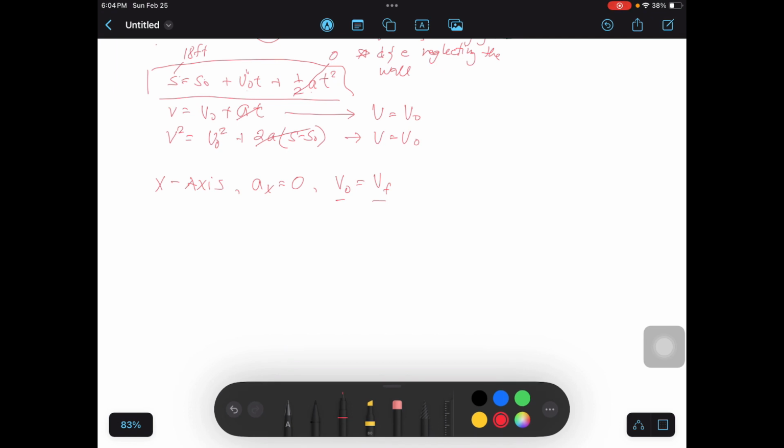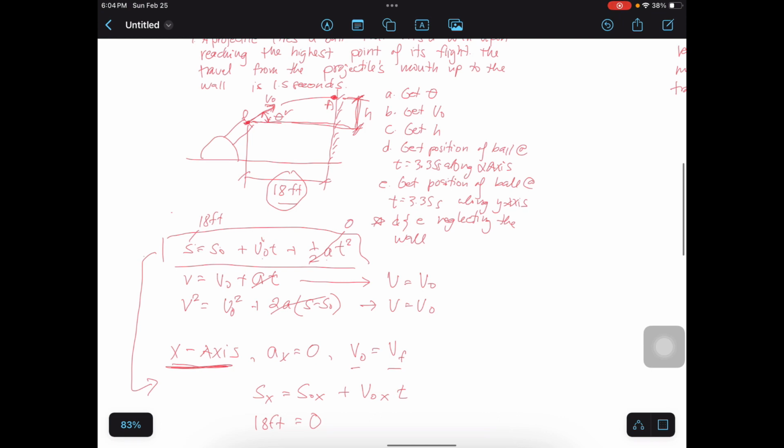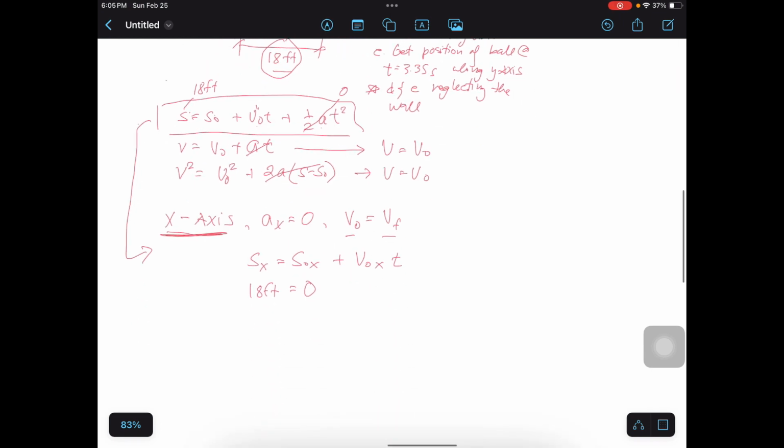So, using this equation, para sa evaluation natin sa x-axis, let's substitute. So, final position along x is SOX plus VOX T. So substitute, our distance along x is 80 feet equals, ang SO natin is 0 since that's the initial position from the mouth of the projectile.